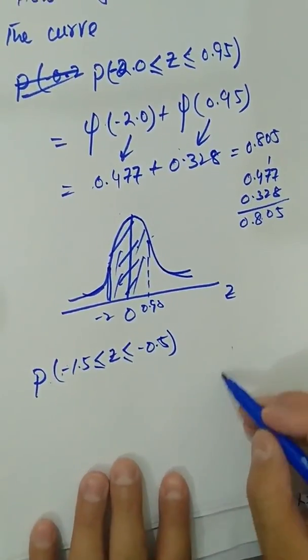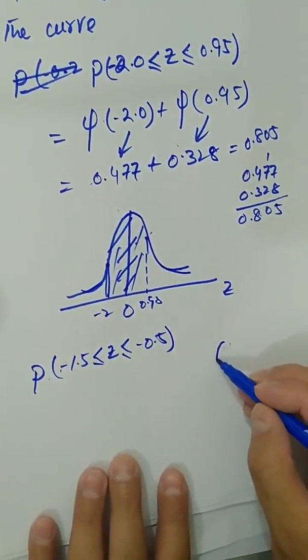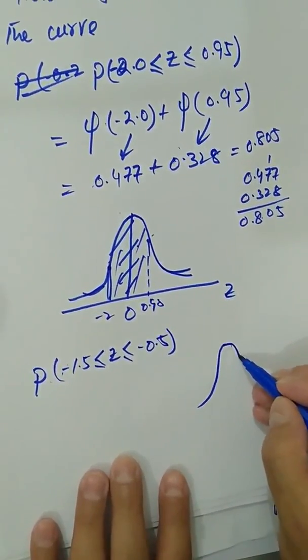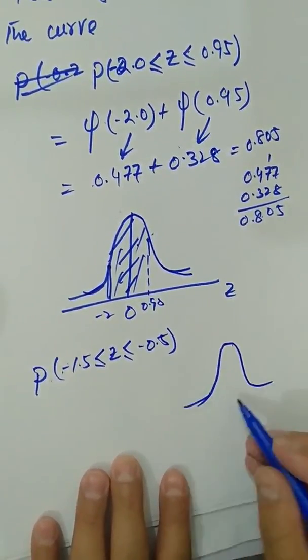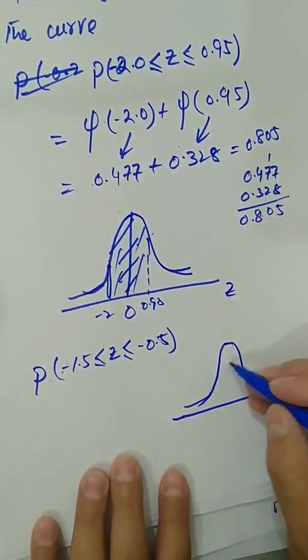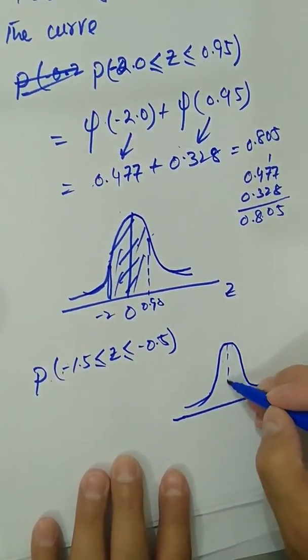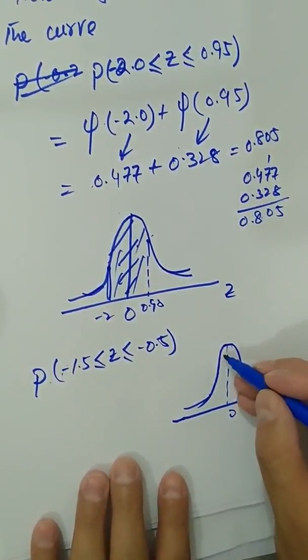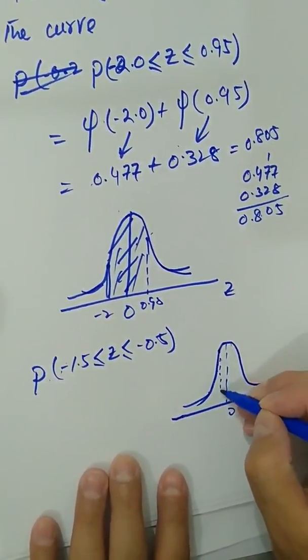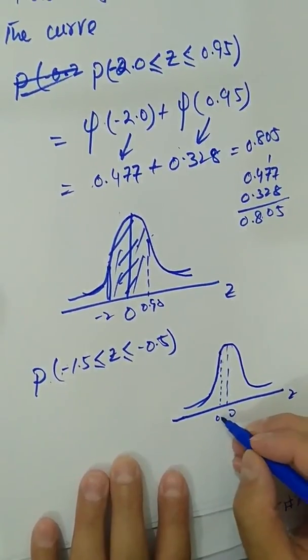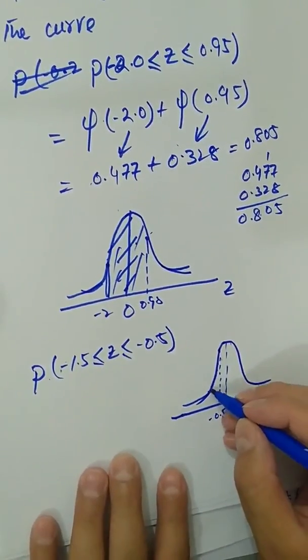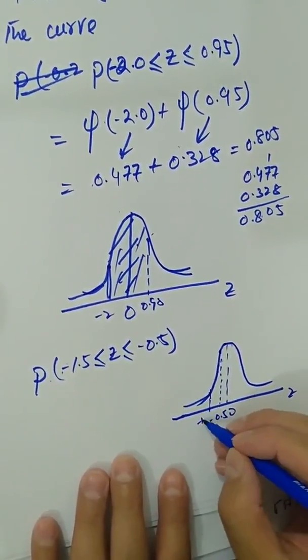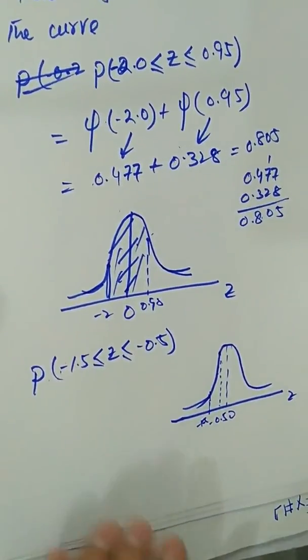So by following this Gaussian standard normal distribution, here z is equal to 0, and here it is 0.5, minus 0.5, and here it is minus 1.5.